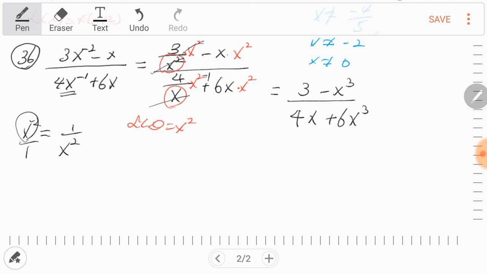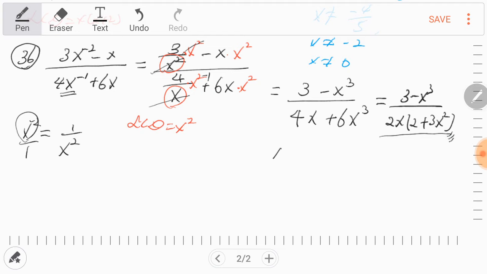And the numerator is not factorable, so write it as it is. And the denominator, you can factor out 2x, then 2 plus 3x squared. So this is the simplified form.